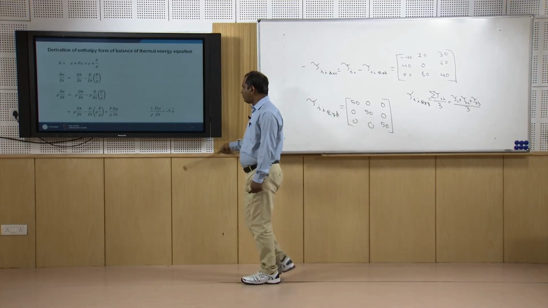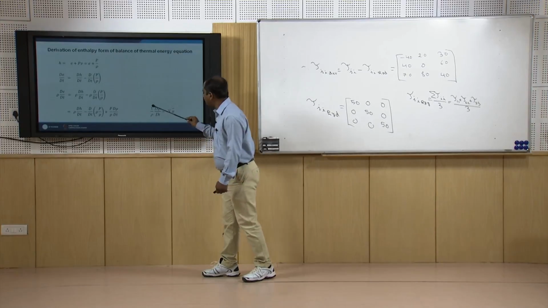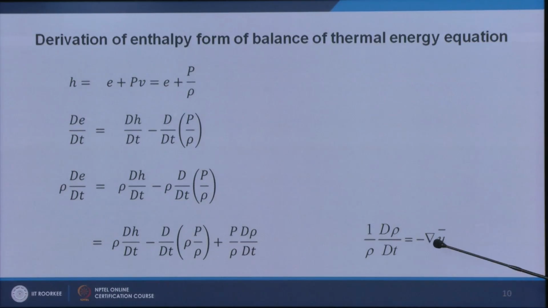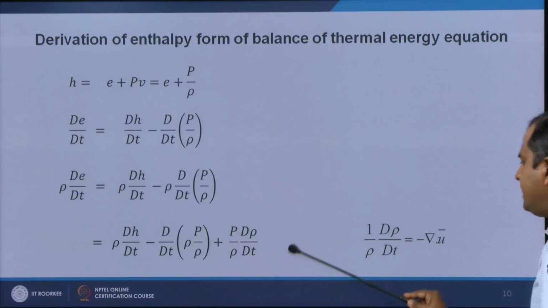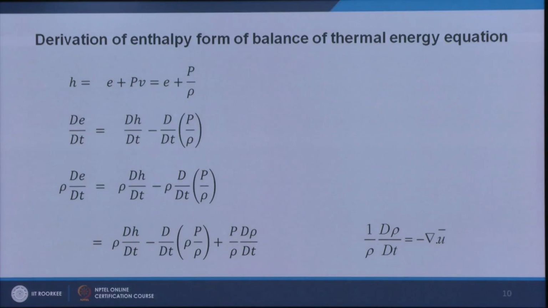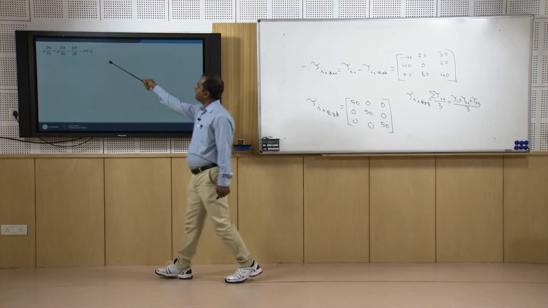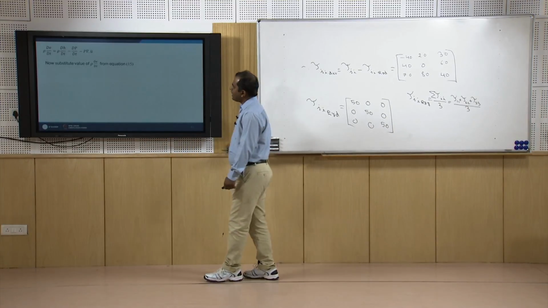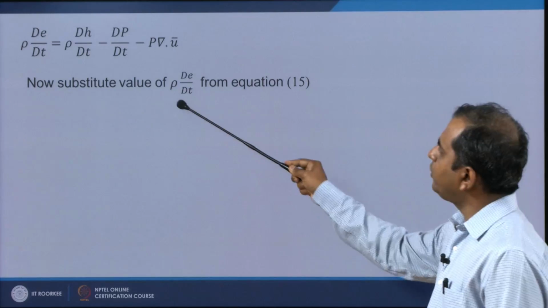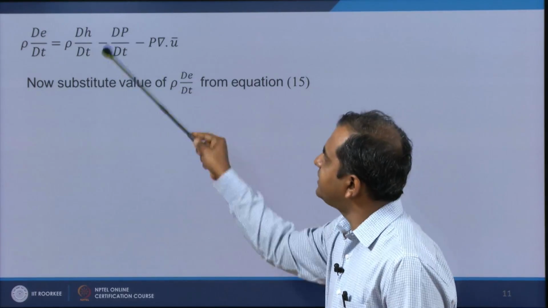Now, from continuity we know that 1 by rho into d rho by dt is equal to minus del dot u. So, these terms become minus P into del dot u. So, we have found rho into dE/dt in terms of rho into dH/dt.